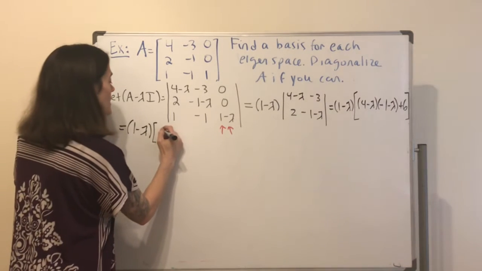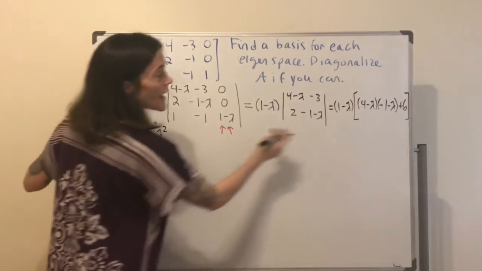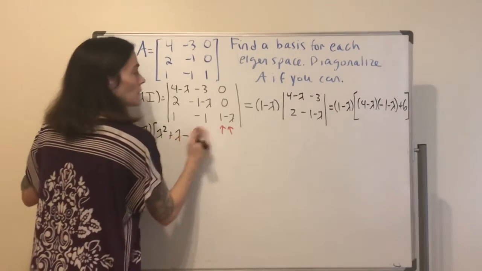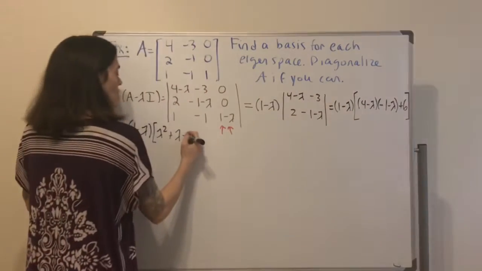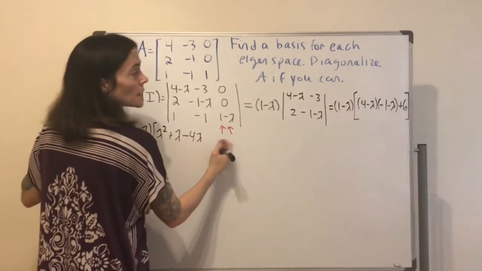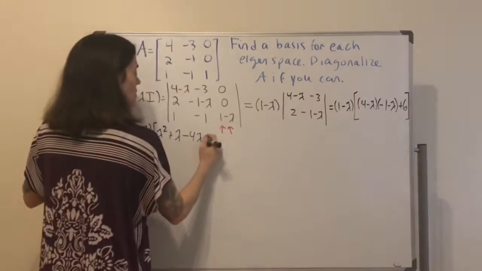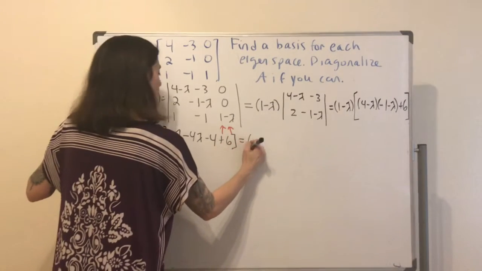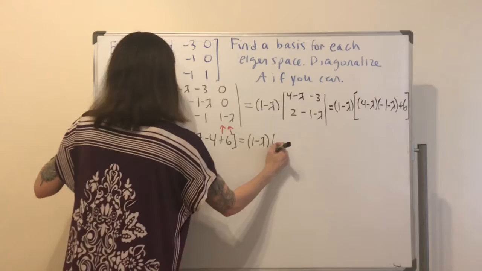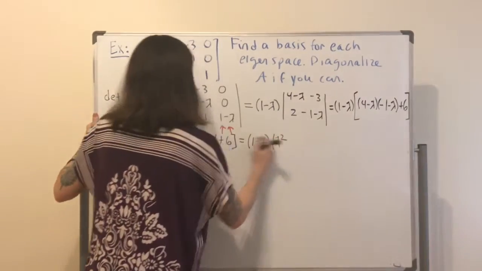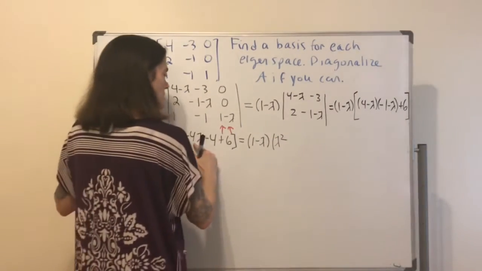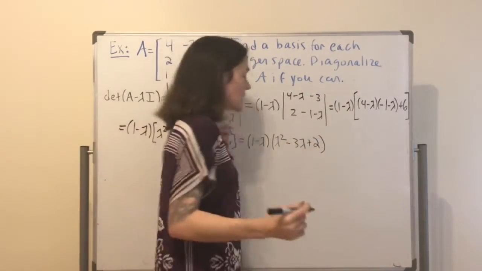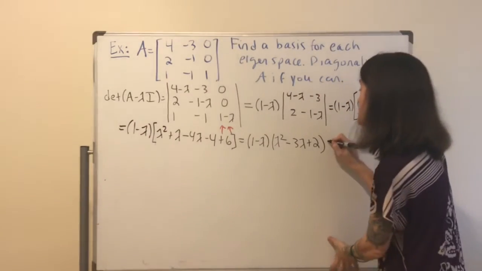So I have a lambda squared, then I have plus lambda, then I have minus 4 lambda, then I have minus 4 plus 6. 1 minus lambda times lambda squared minus 3 lambda plus 2.